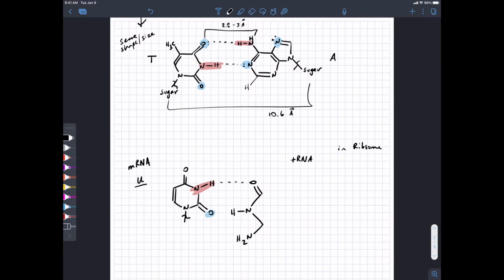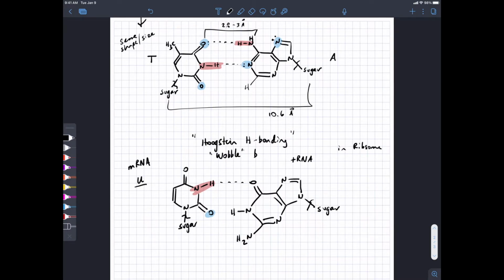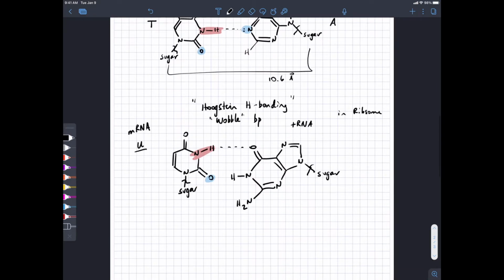And then this other exocyclic amino group won't be involved. This is called a wobble base pair.